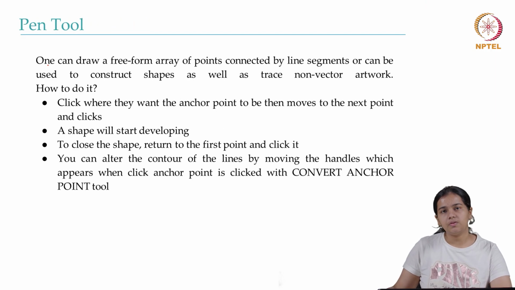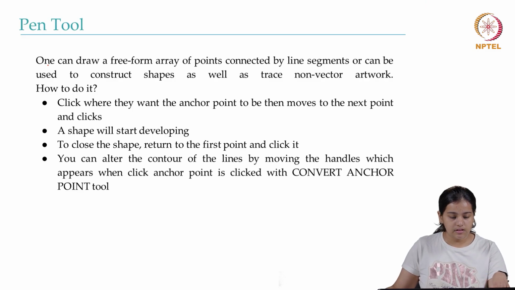Using the pen tool, you can create shapes and different types of elements, and it is free form. You can make your shapes as you will. So how to use this tool? You just have to select the pen tool, or you can also press P, and click wherever you want to start your design.